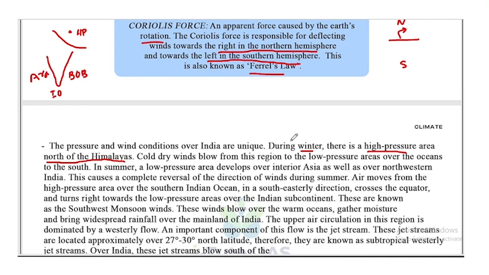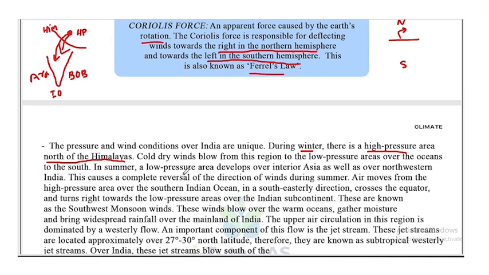During winter, there is a high pressure area north of the Himalayas, and the cold dry winds blow from this region to the low pressure areas over the ocean to the south. Wind moves from the high pressure area to the low pressure area, that is the southern area.